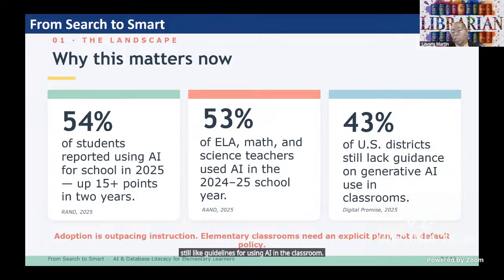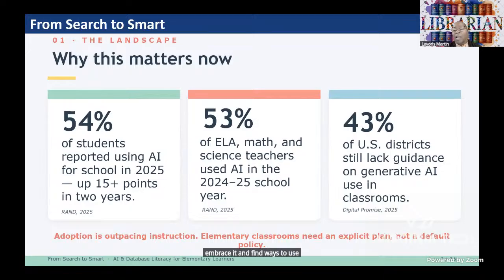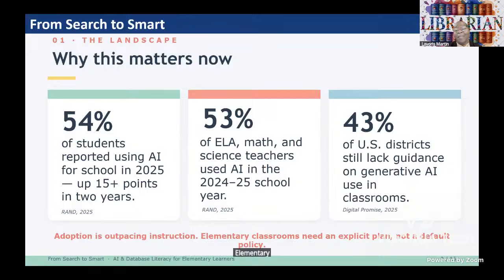Your teachers are using it, your students are using it. And I always say it's not going anywhere. Why not embrace it and find ways to use it in the classroom in an ethical, productive way. So adoption is outpacing instruction. Elementary classrooms need an explicit plan, not a default policy.